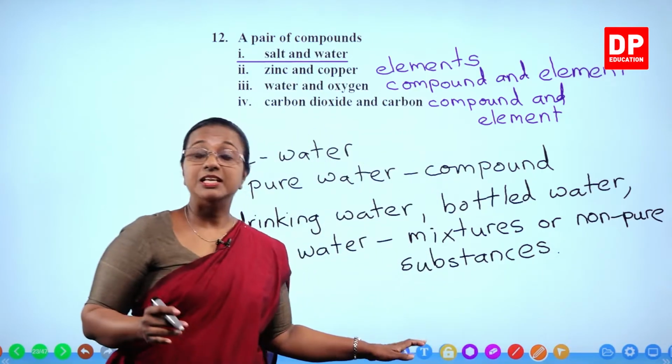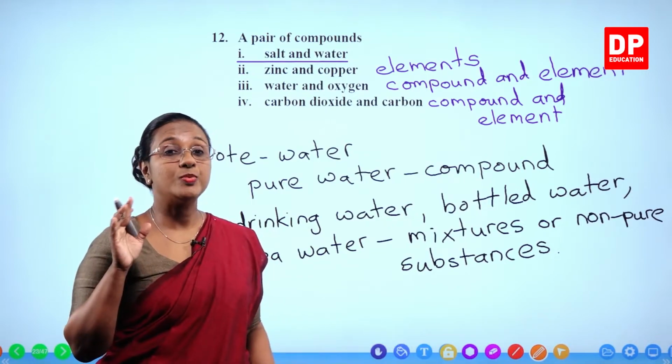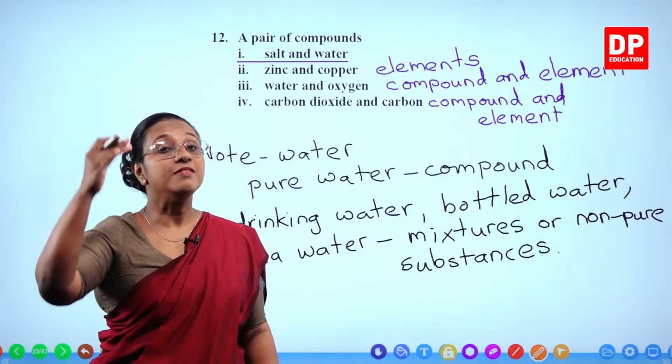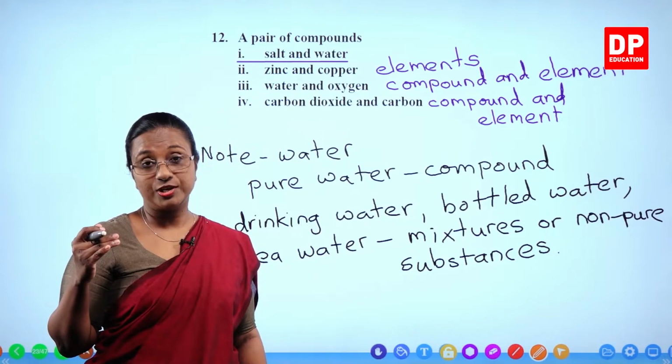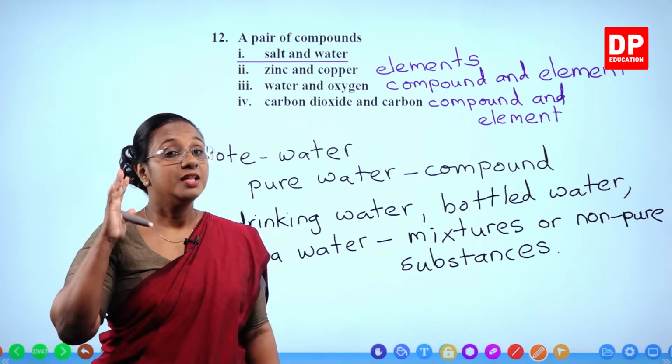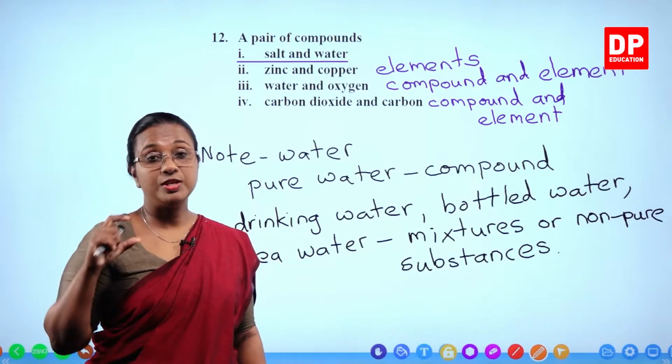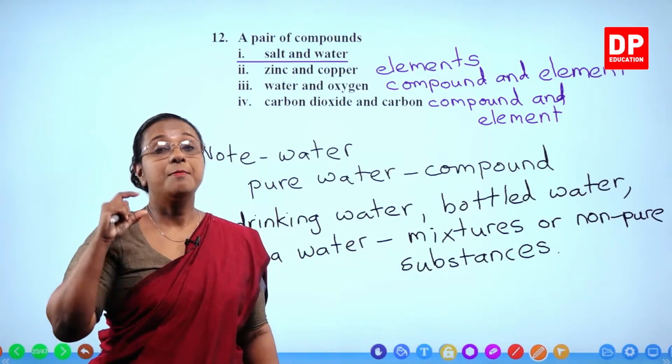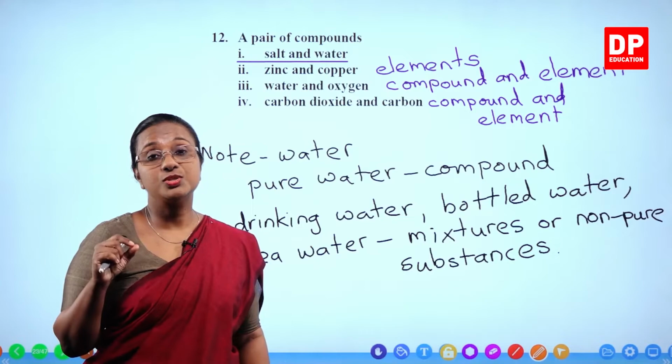You are very much clear with these concepts, students, because when we measured the density, we used different samples of water. We used distilled water. We measured it many times. The volume was the same because we used that particular bottle, and the mass was also the same.